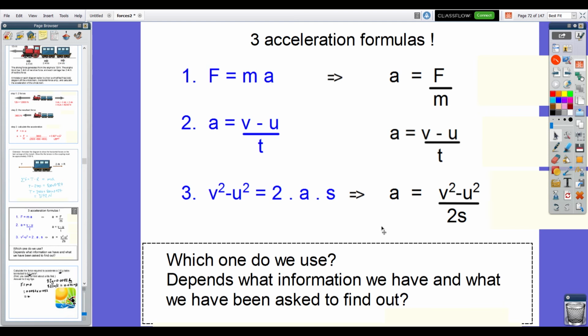Maybe in a real world situation, you need to decide what things you're going to measure. You might measure velocities and distances, velocities and times, or forces and masses. They're all going to calculate the acceleration for you. Some of them might be more difficult to work out, or measure, than others.